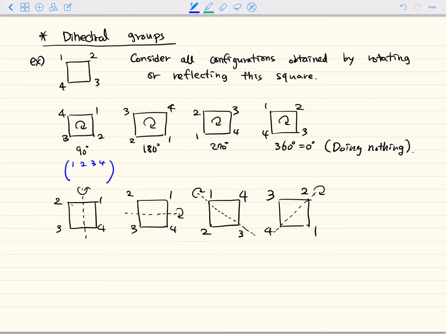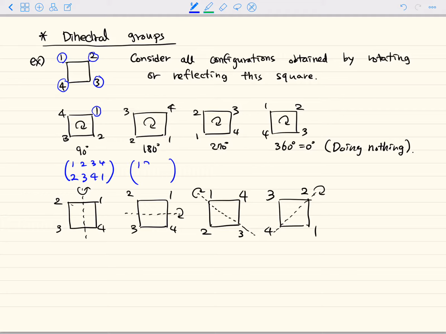We can write the corresponding permutations in two-line notation. Here, if you rotate this by 90 degrees clockwise, 1 is now in the second position, so 1 gets sent to 2 by this rotation, and 2 is now in the position of 3, so it's 3, then 4, and 1.